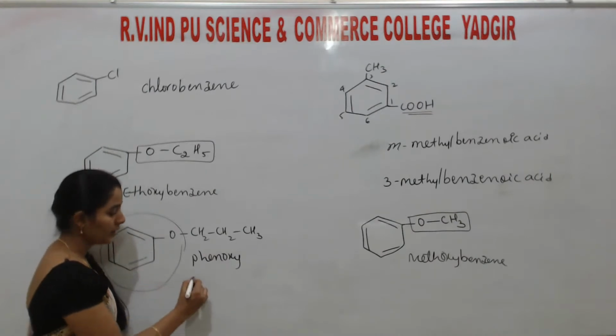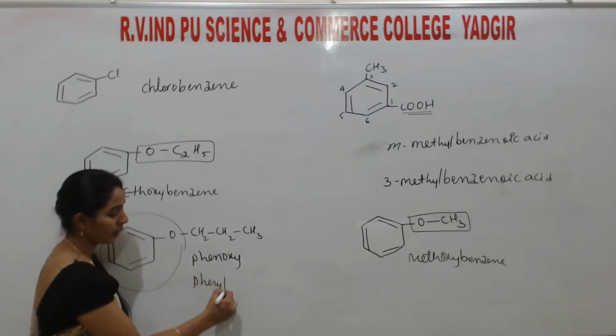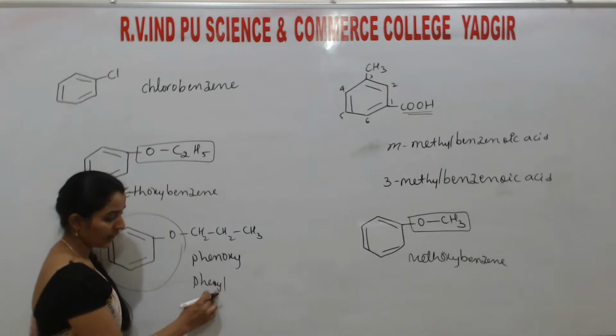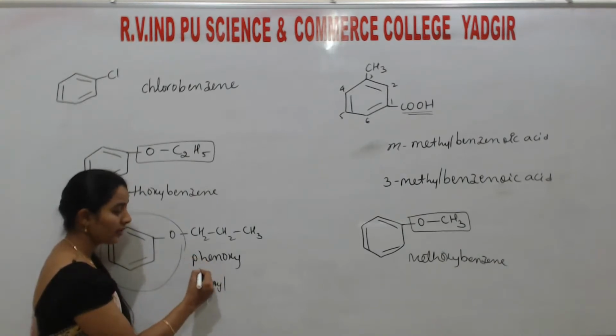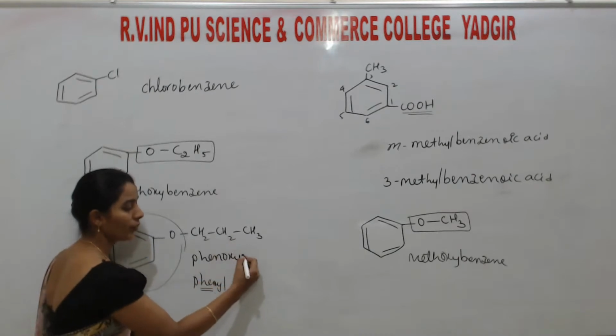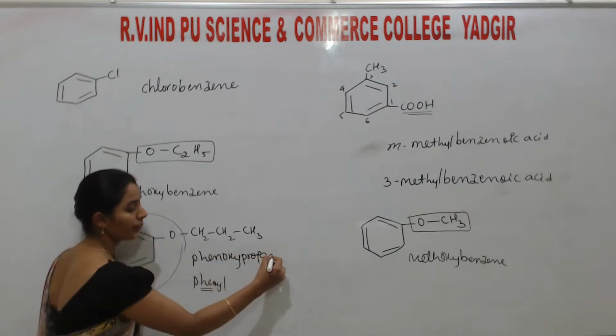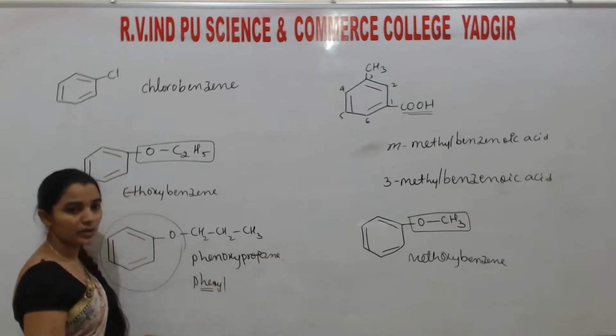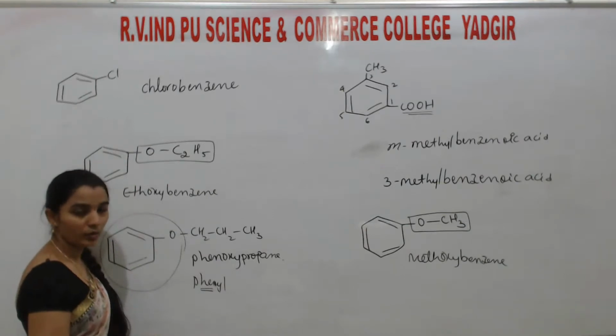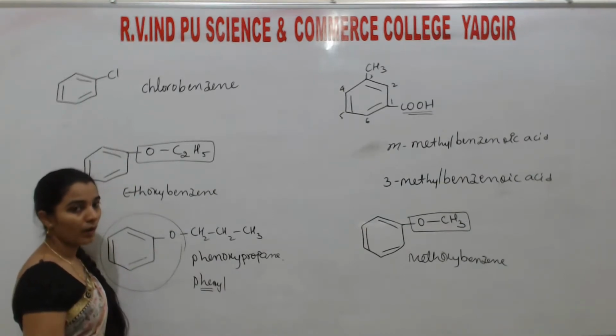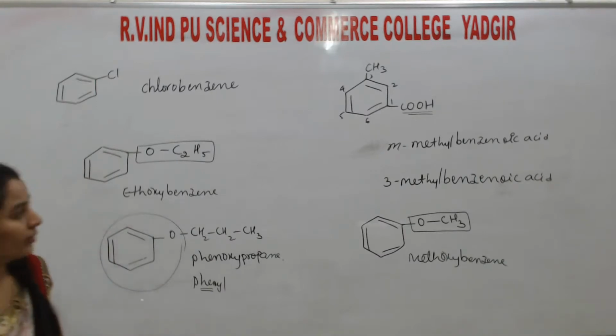Alkyl means phenyl. In alkyl, phenyl. Alkoxy means phenoxy. Propane is the name. Understand? So this is all about how to name the compounds. Okay, another one I will give.